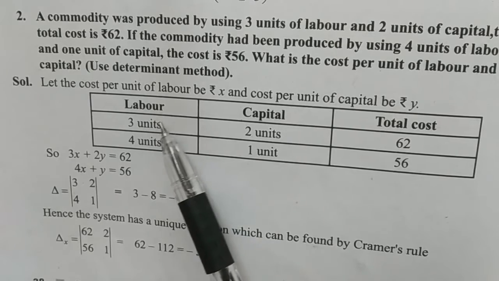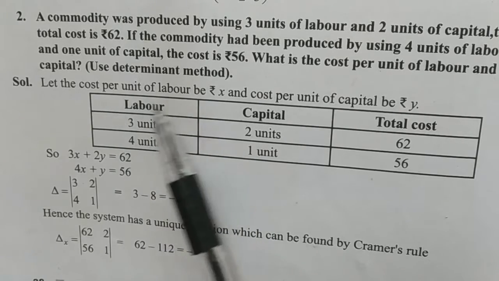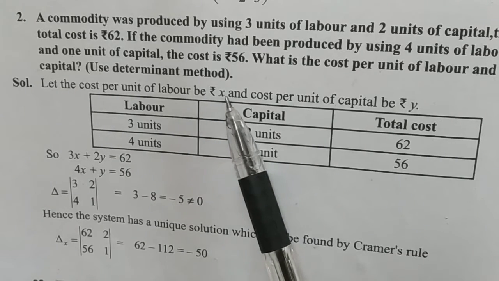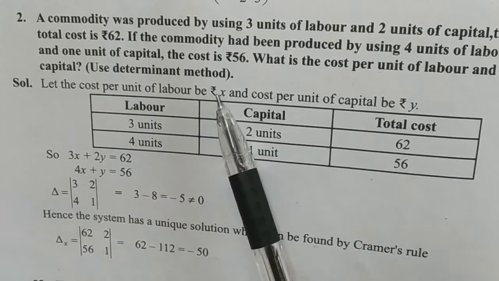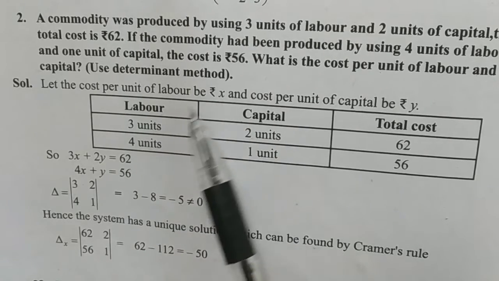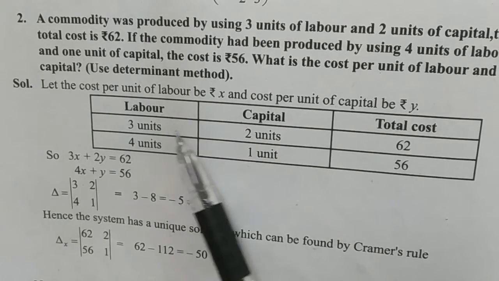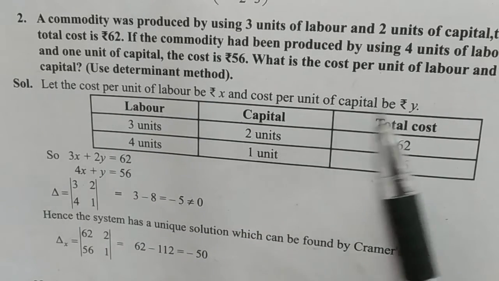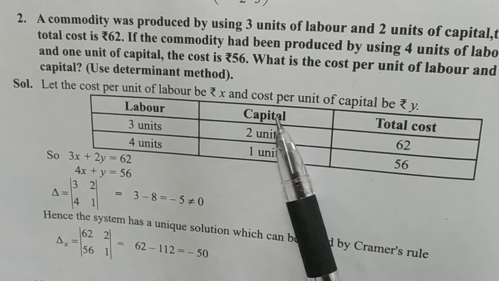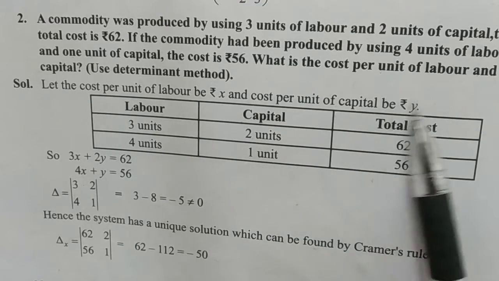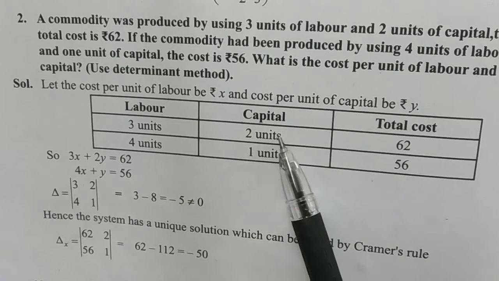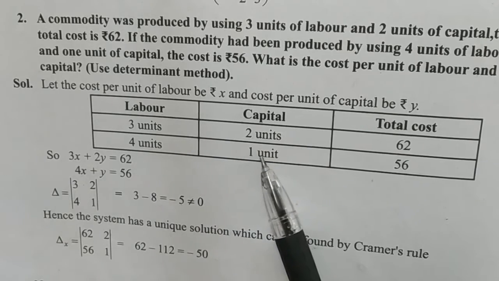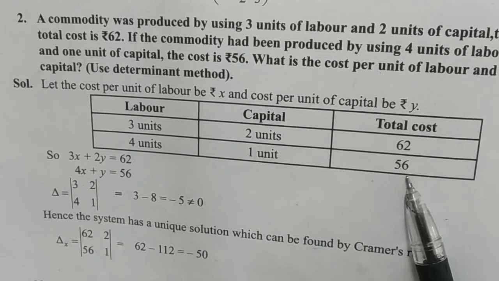So what is the first one? 3x, since we considered the cost per unit of the labor to be x, plus 2y, since the cost of the capital is y, equal to 62, and 4x plus 1y equal to 56.